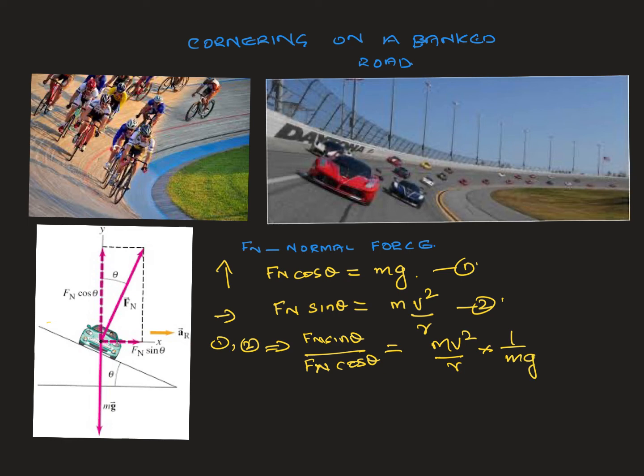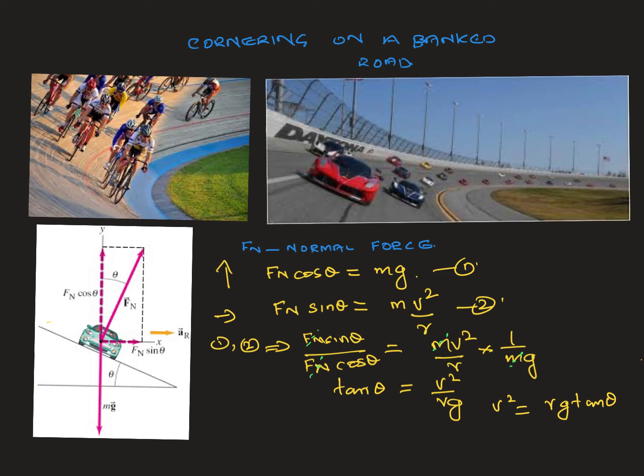What's going to happen is that Fn and Fn will cancel out, and sin theta over cos theta is tan theta, and m and m will cancel each other. So we'll get tan theta is equal to v squared over rg. That means v squared is equal to rg tan theta.